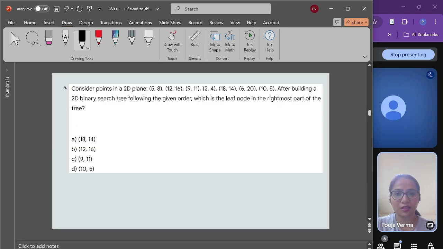So first it splits on x, then y, then again x, then again y. Nodes are always inserted in the given order. So let's see how we can build a 2D binary search tree.